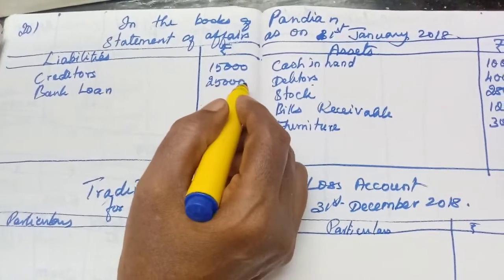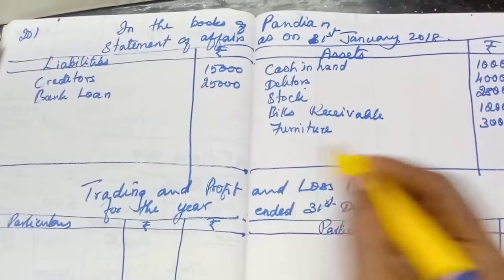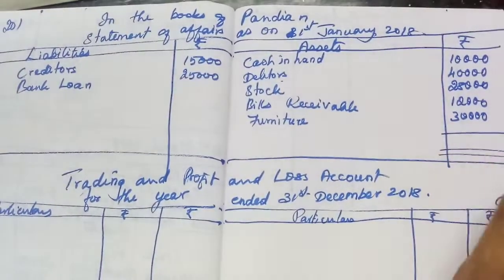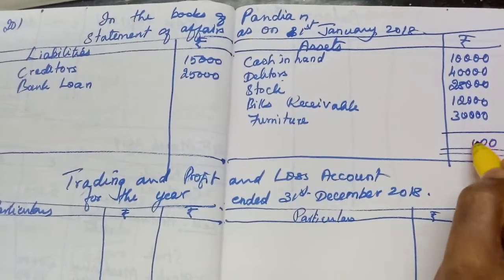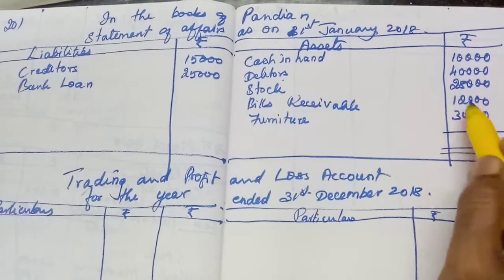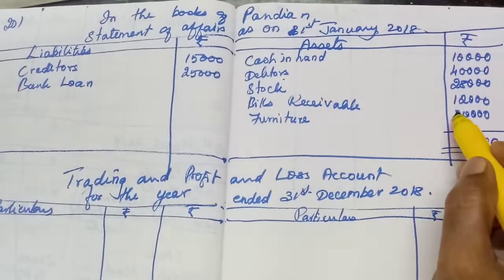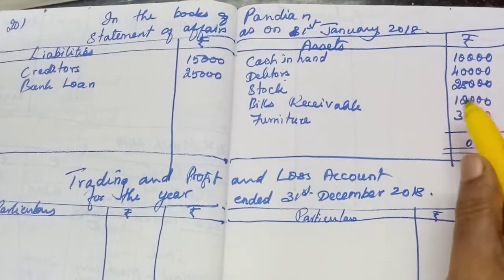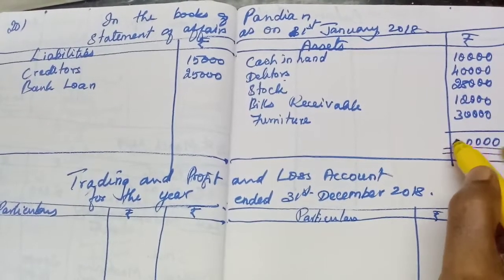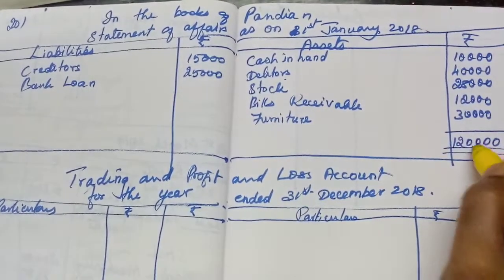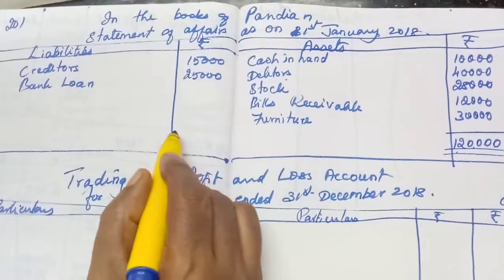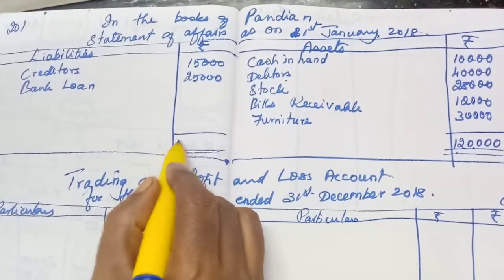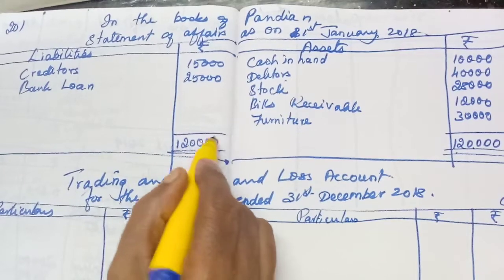Now we will balance. Usually this side only will be more. Add and write. 1, 2, 3. Then fourth one 8 plus 2, 10. Balance 1, 4, 5, 7, 8, 12. So 1,20,000. Understood? Here write the same amount, 1,20,000.